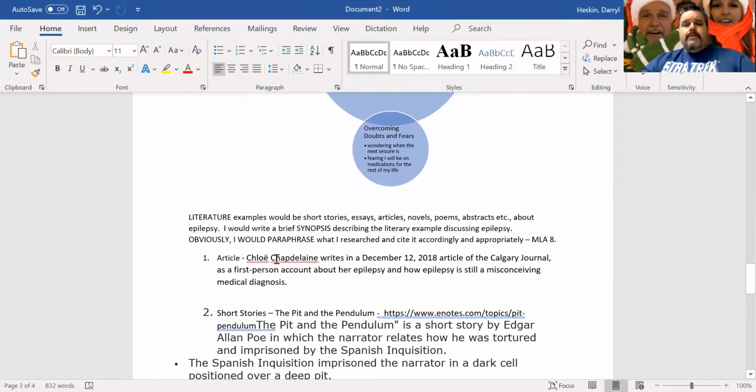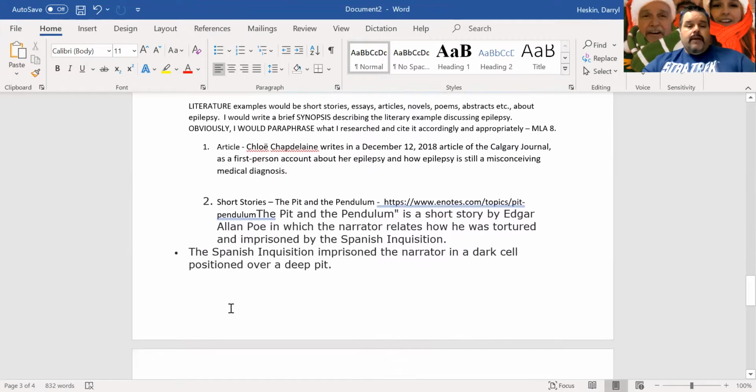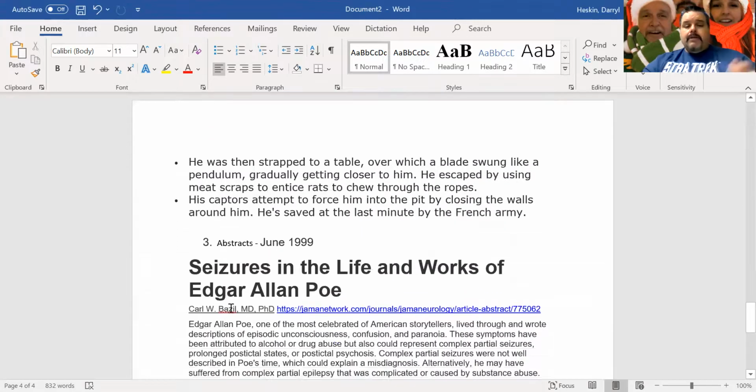The literature part, this could be a challenge, but again, 3 to 5 examples. And obviously, when you are providing a synopsis, you are paraphrasing what those examples are and cite it accordingly. So I did an article, I did a short story, and I did abstracts.